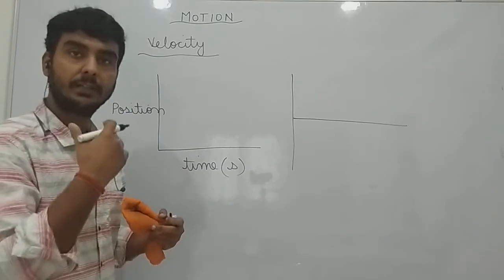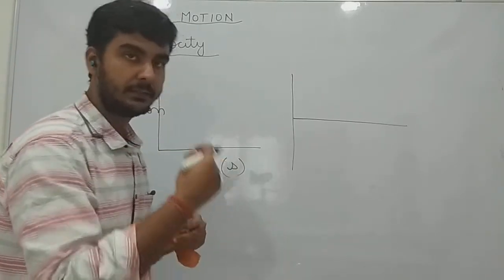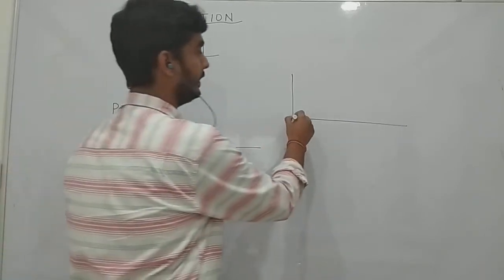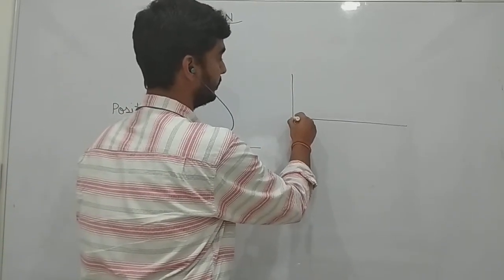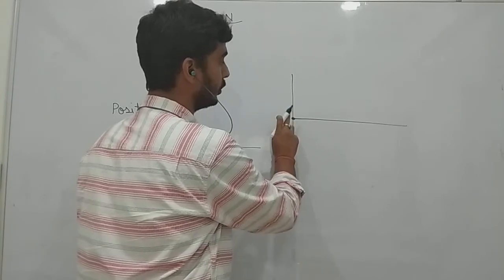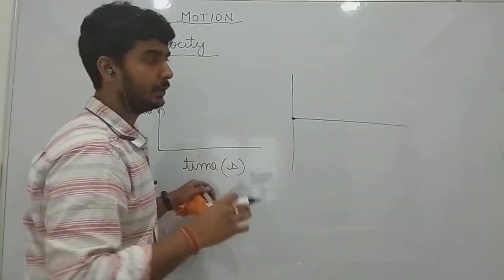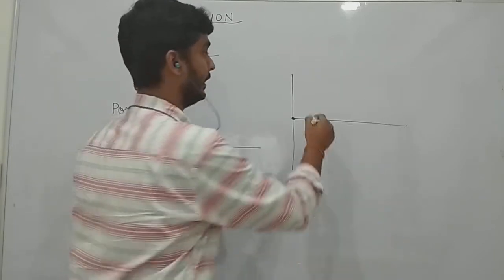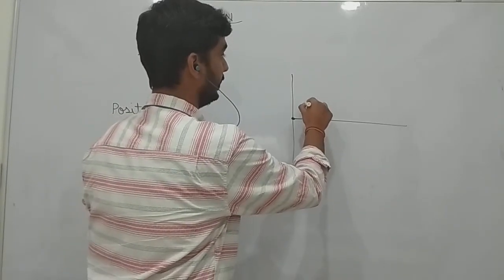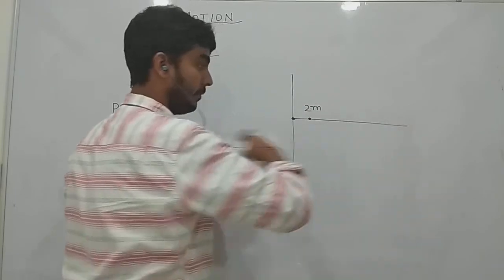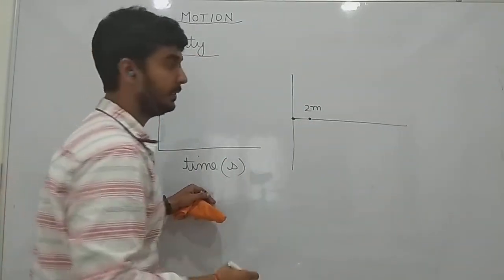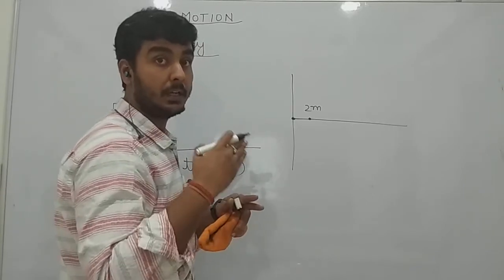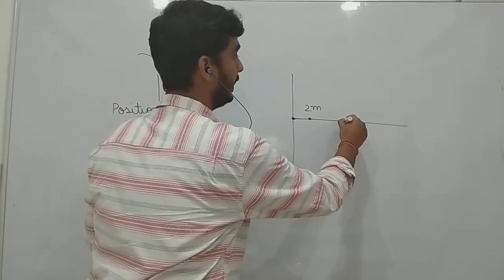I am having a stopwatch in my hand. I start the stopwatch, and at time t equal to 0, the object was at 0, or I can say at the origin. After 1 second, the object is at 2 meters. Suppose I am measuring the distances in meters. After 1 more second, meaning after 2 seconds, the object was at 8 meters.